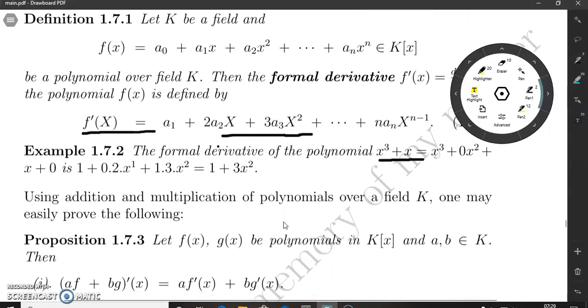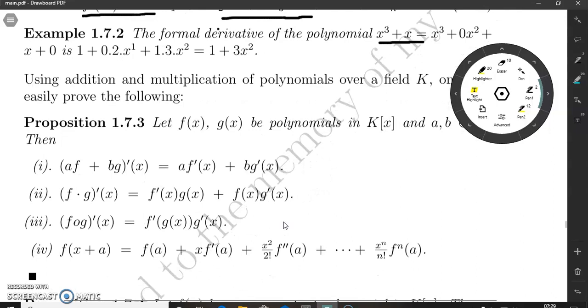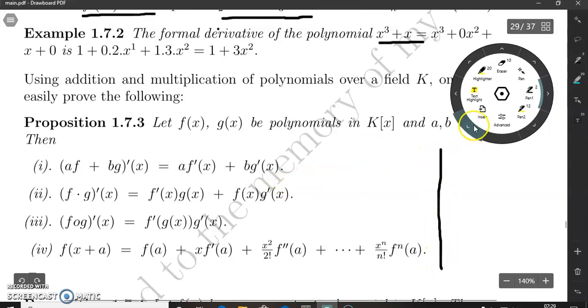By the property of differentiability, we may observe this result. Here we will not prove this result because you are MSc students.